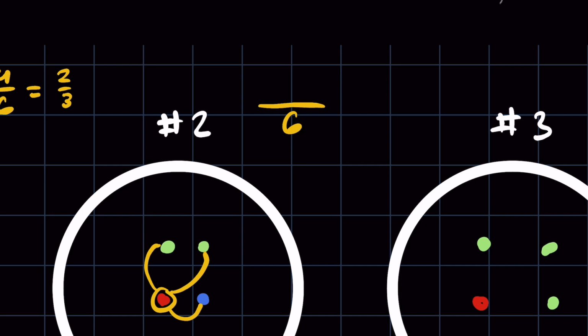Basically, we only have one other ball, so in this case it's going to be blue. So I want to match up how many times I can match my red ball with the blue ball. Or we can also check the red ball with 2 other green balls. So it's going to be 2 and 1. This is going to give us 1/2.